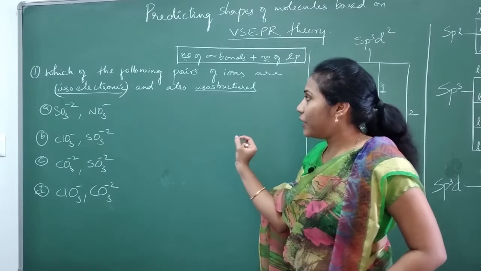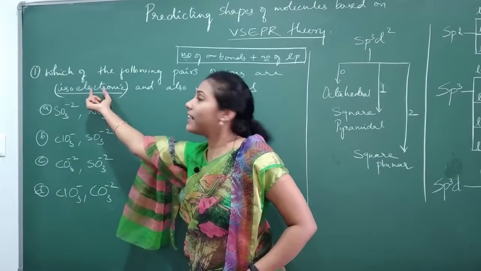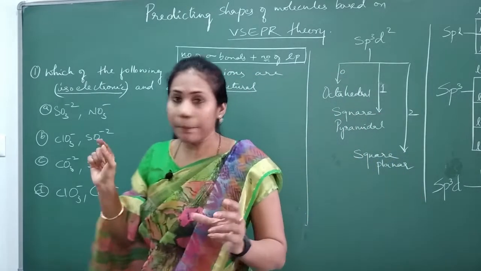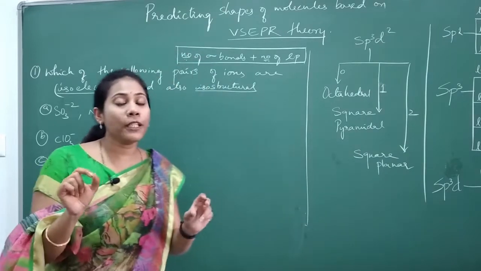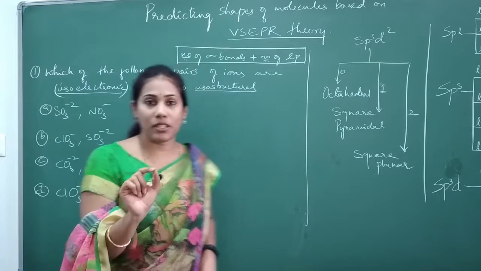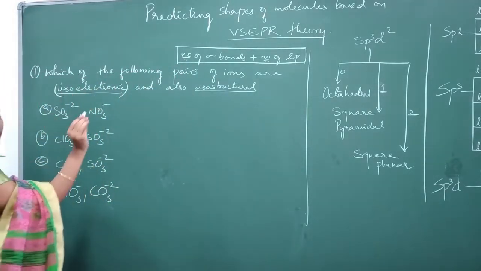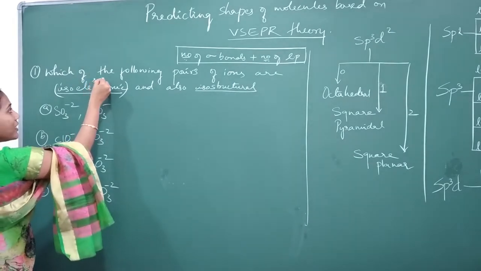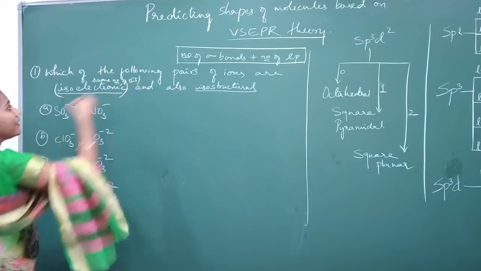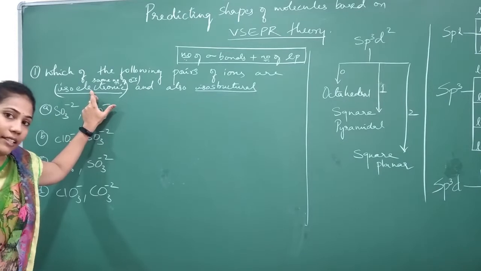First, you should try to understand the meanings of the terms isoelectronic and isostructural. Isoelectronic means two molecules or ions having the same number of electrons. So if the molecules or ions have the same number of electrons, then we call them isoelectronic in nature.